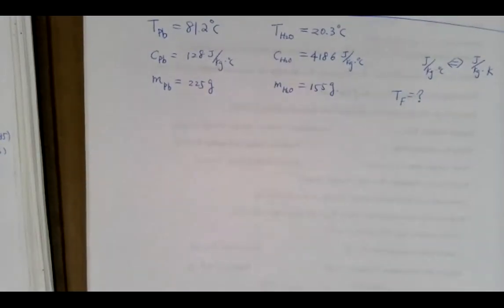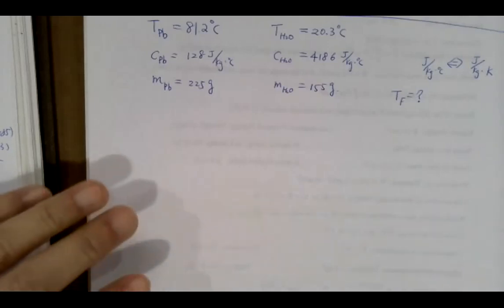So the key concept here is energy conservation. That means the energy received by the water is equal to the energy given out by the metal. Okay, so let's see.